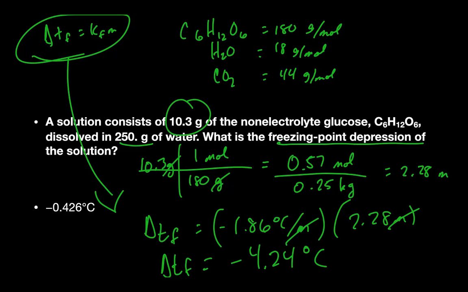Did I do that wrong? Seems so. How did I get that? 10.3 divided by 180. Oh, that's what I did wrong. 0.057. All right. So then that's going to be 0.228.